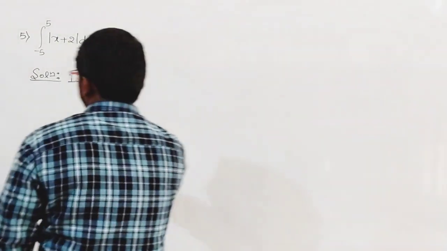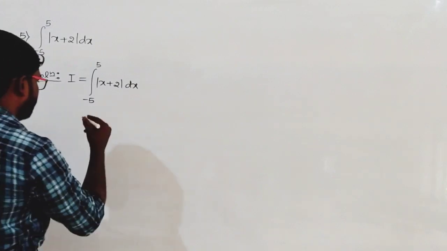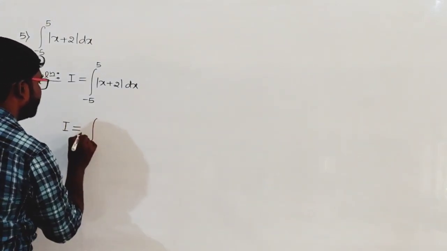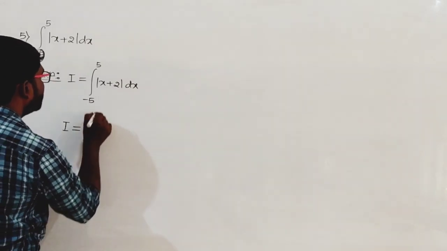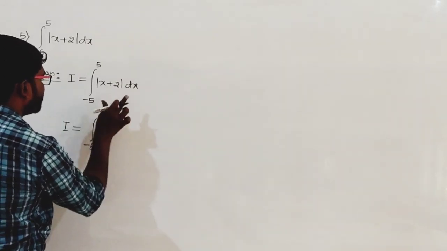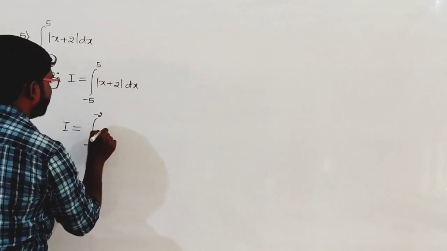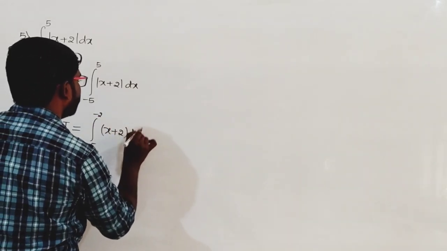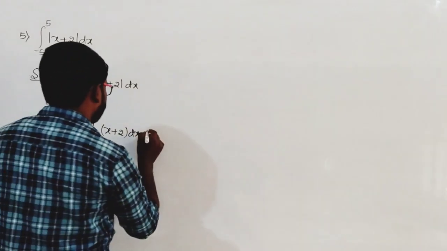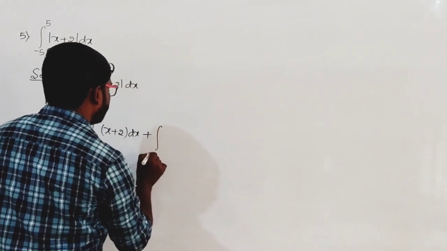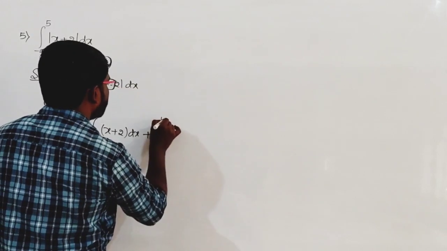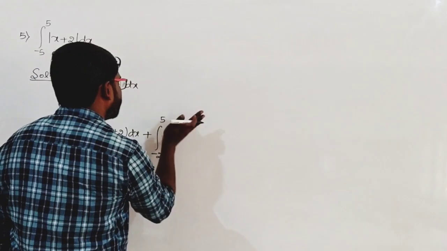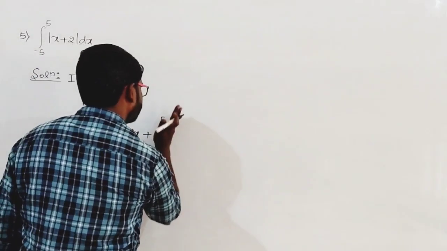So here I equals the integral from minus pi to minus 2 of x plus 2 dx, plus the integral from minus 2 to plus pi, so here also it is x plus 2 dx.